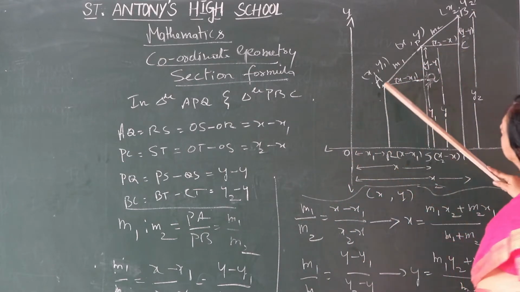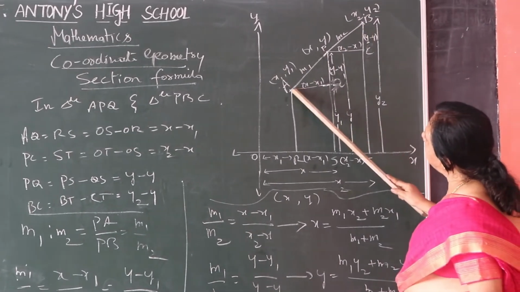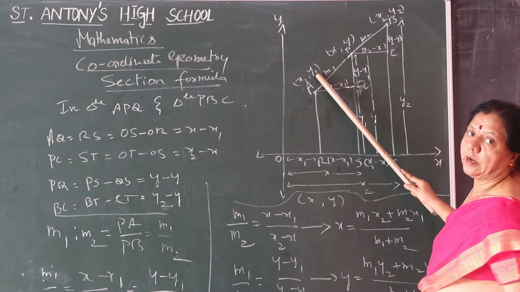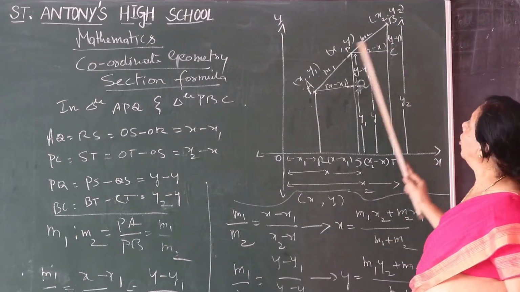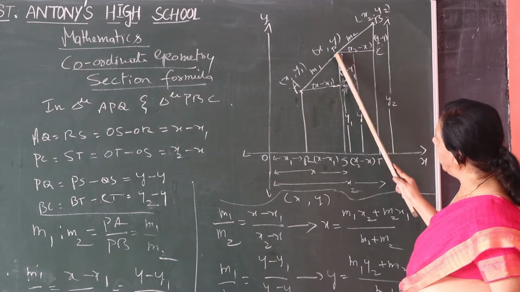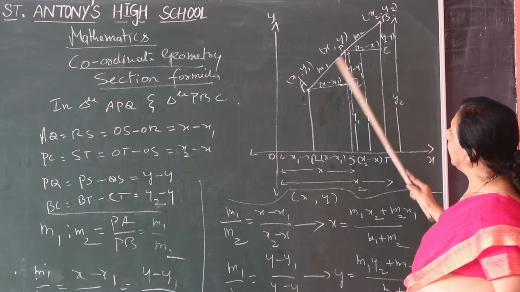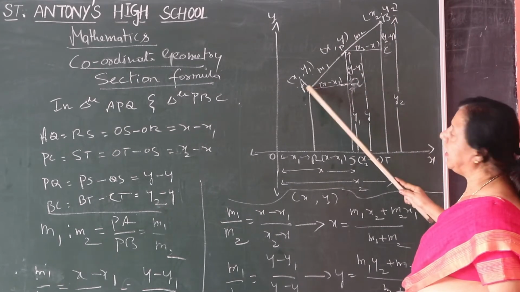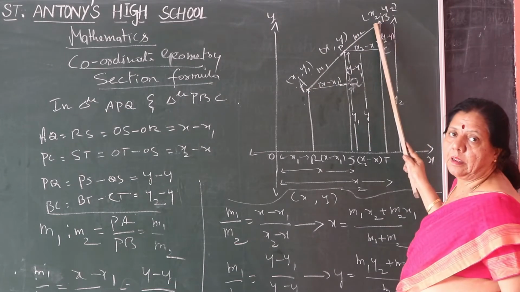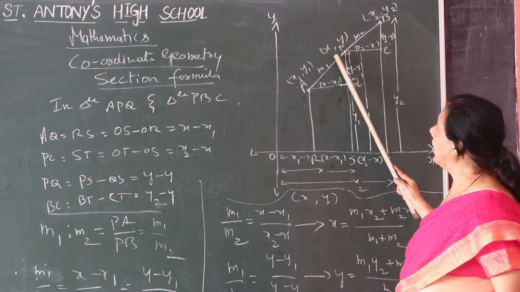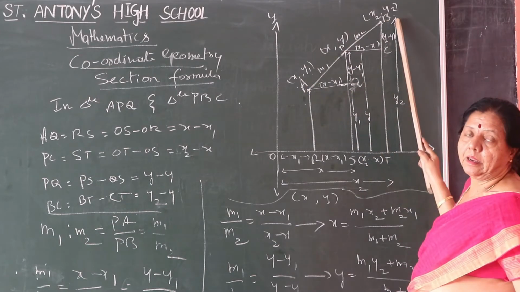Point A is x1, y1. Point B is x2, y2. This is the point P, with coordinates x and y. P divides the segment AB. P is the point on the segment AB.